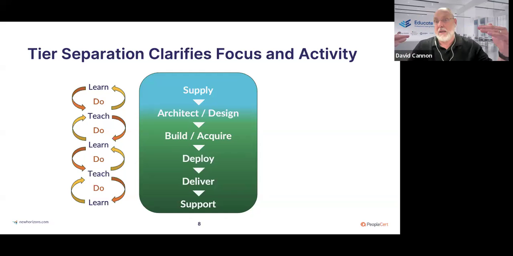They need to both be working together to learn, do, and teach whoever else is in the chain, whoever else has a dependency on that service. Really important that this chain is learn, do, teach, not learn, do, cheat. Please don't do that. Learn, do, teach is repeated throughout the tiering in every case where supply, architecture, building, deployment, delivery, and support are performed through the tiers.